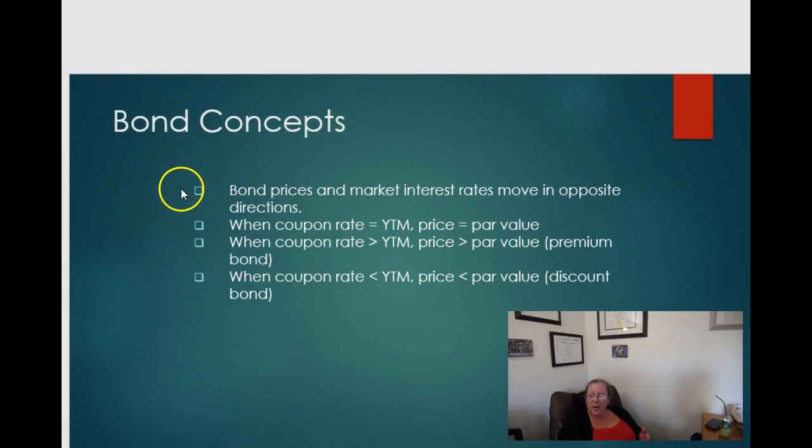So the basic concepts here to understand is that the bond prices and the market interest rate prices move in opposite directions. When the coupon rate is equal to the market rate, then the price is equal to par value. And this is something that we would rarely see because the market rate fluctuates daily.